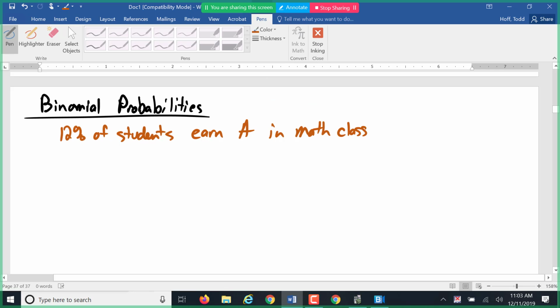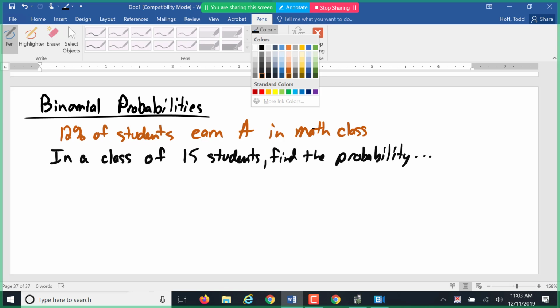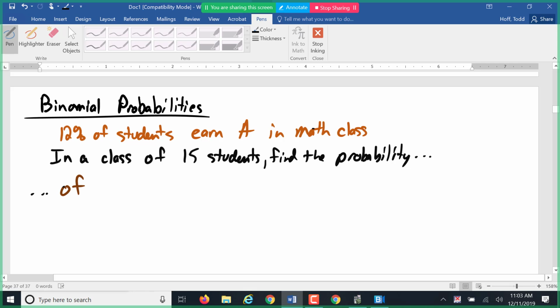So that means each student walking in the door has a 12%, or 0.12, probability of having an A in that class. In a class of, let's say, 15 students, find the probability of 4 students earning A's.